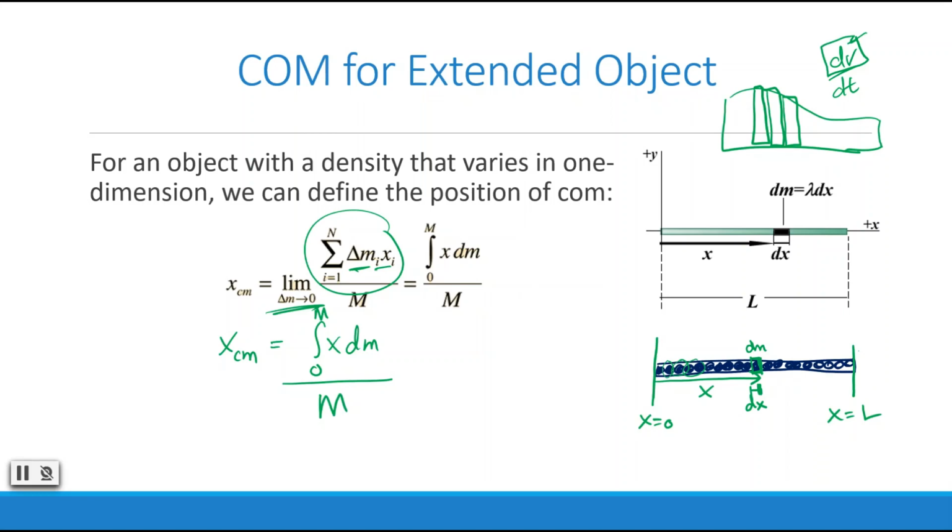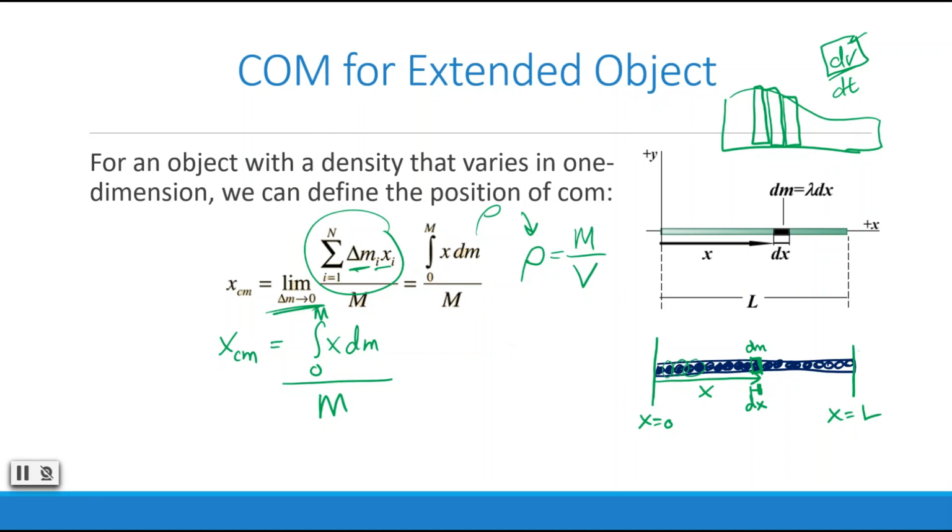So there are 3 different densities that we can use for objects. You're used to using volume density, which defines our volume density essentially as mass over volume. We use the Greek letter rho. That is not a P, it's a rho, it's curved like that. Okay, that's volume density.